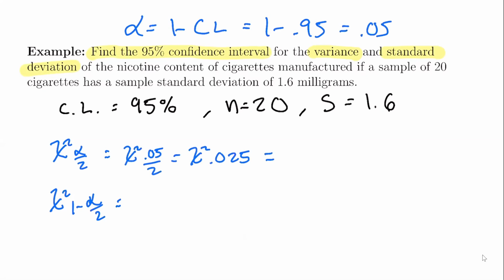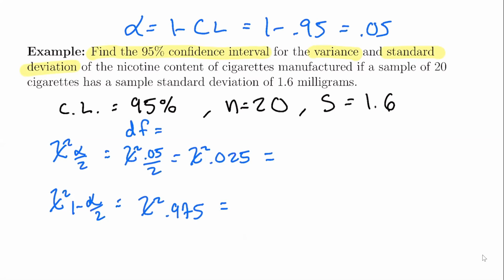All right. So if chi-square of alpha divided by 2 is chi-square of 0.025, that means chi-square of 1 minus alpha divided by 2 should be chi-square of 0.975. And the last thing that I need to know before I go to the chi-square table is degrees of freedom. So degrees of freedom will be sample size minus 1.